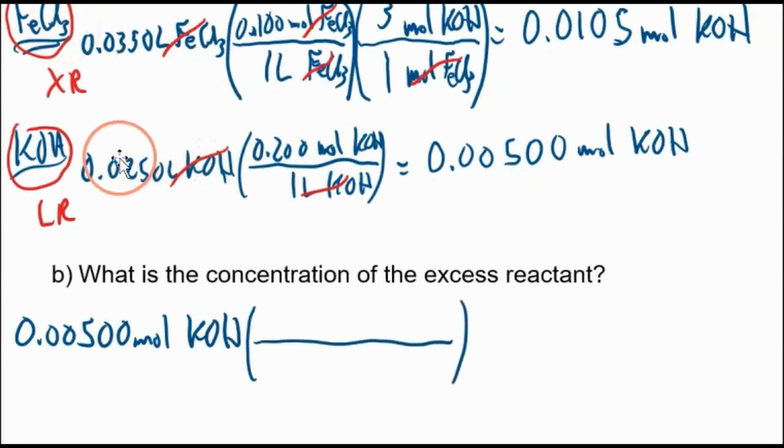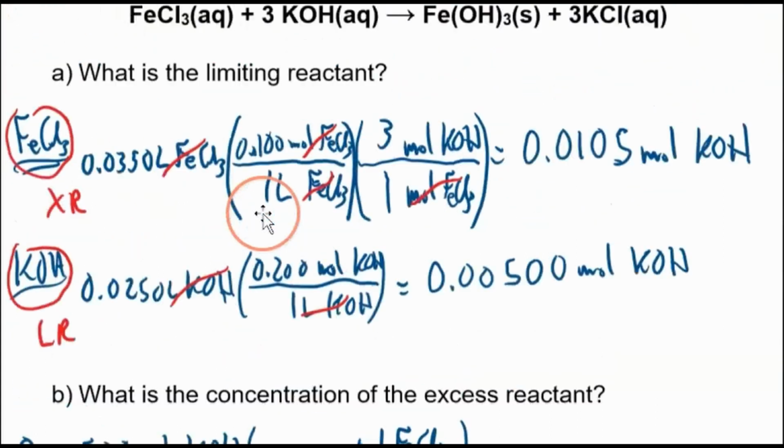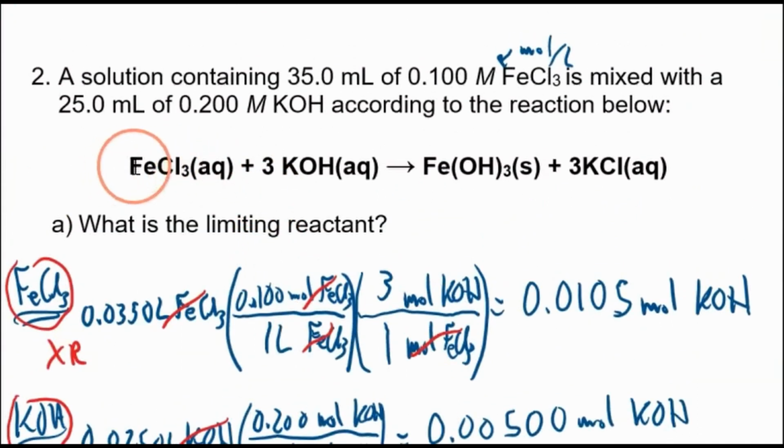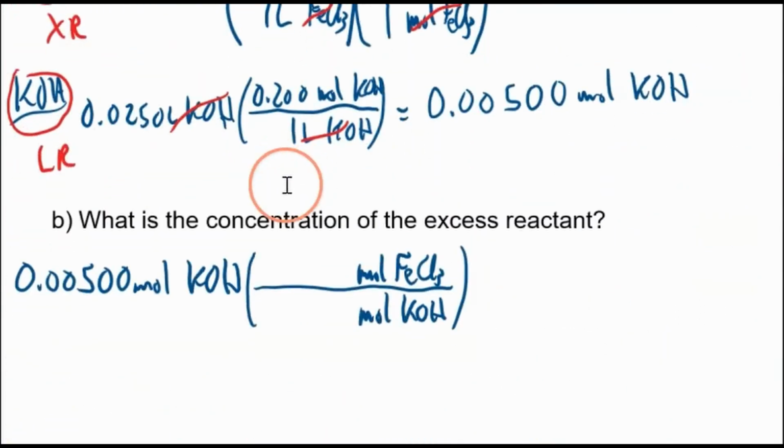So we use the balanced equation to go from moles of one compound to moles of the other. We want moles of KOH to cancel out. We want moles of FeCl3. And on our balanced equation, for every 1 mole of FeCl3 that reacts, we need 3 moles of KOH. So it's a 1 to 3 ratio.